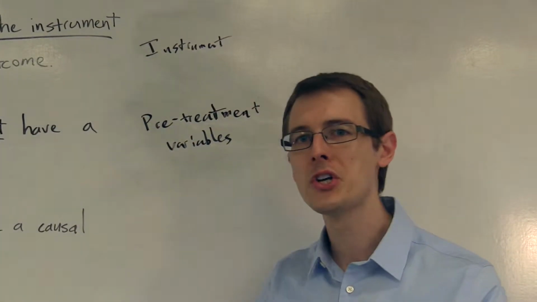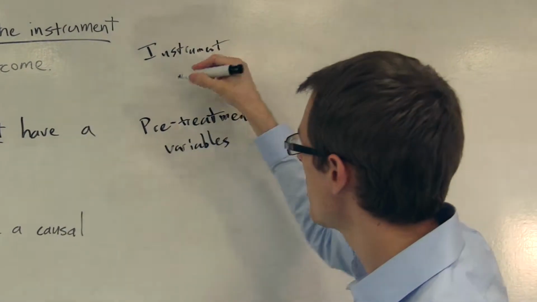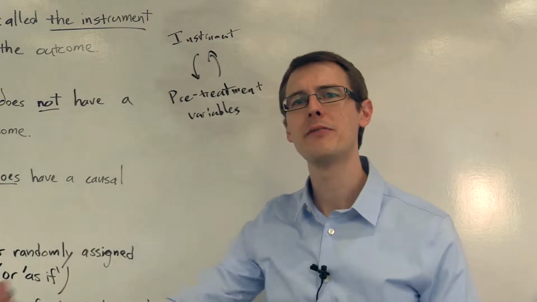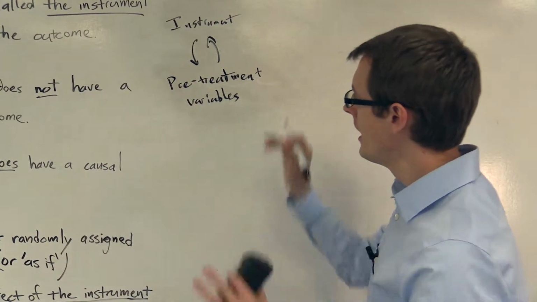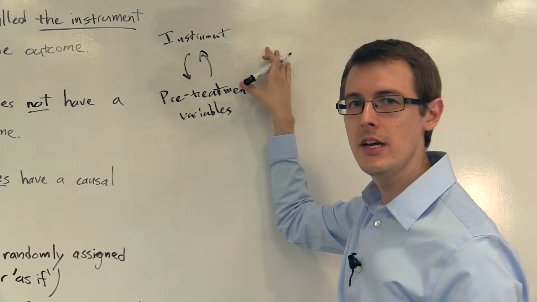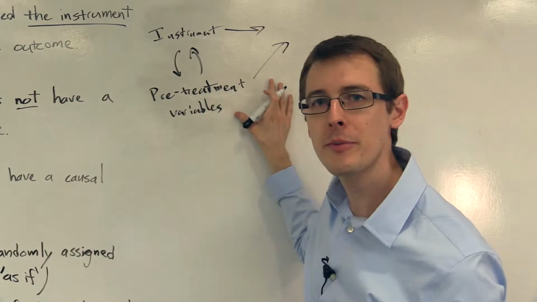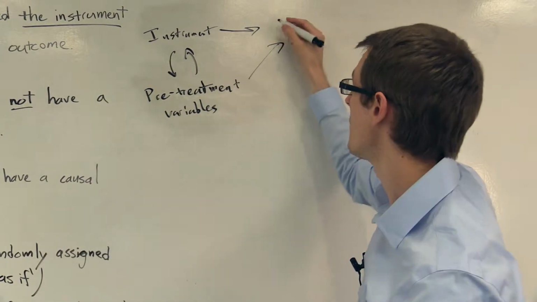Now, there might be some causality going on between the instrument and the pre-treatment variables. So let's draw some arrows here to indicate that the instrument might affect the values of the pre-treatment variables and vice versa. Now, once these things are determined, both the value of the instrument and the value of their pre-treatment variables are going to determine what the value of their treatment variable is.